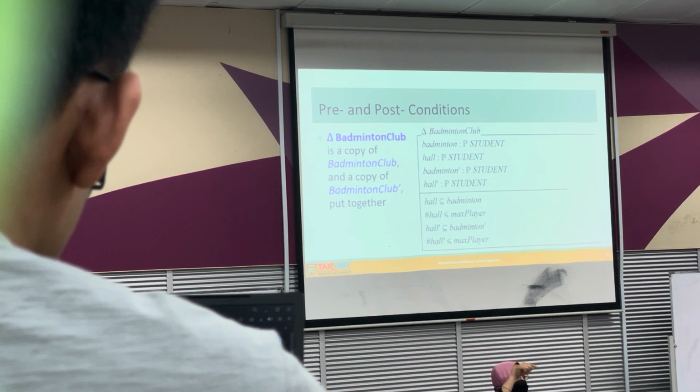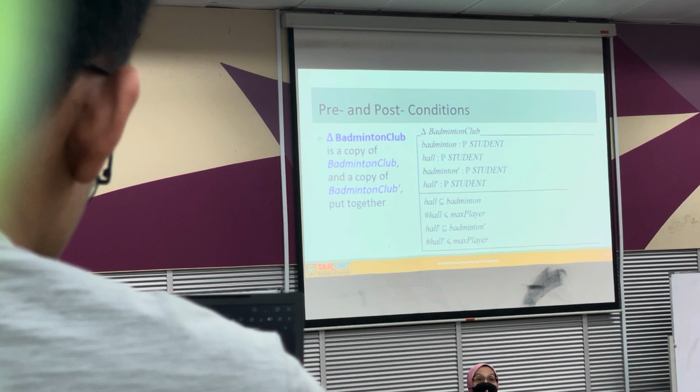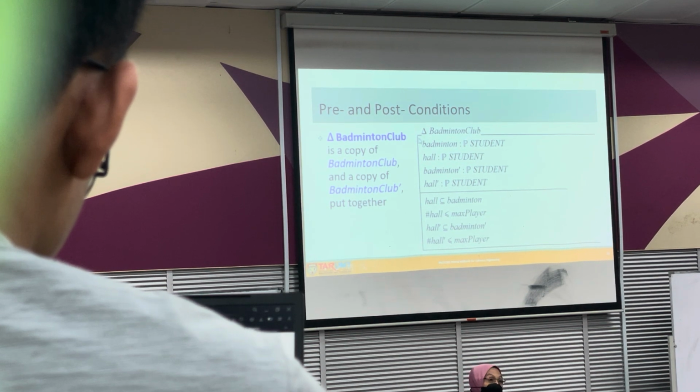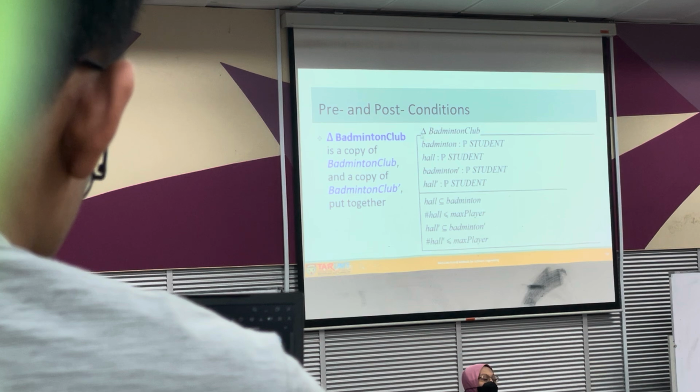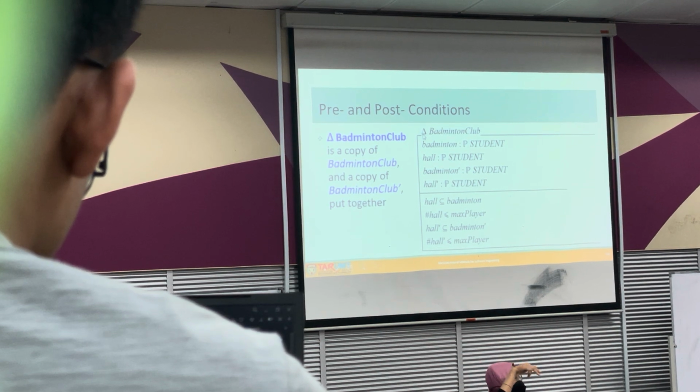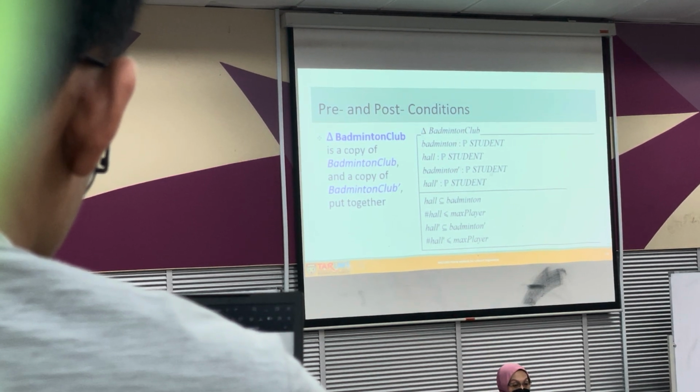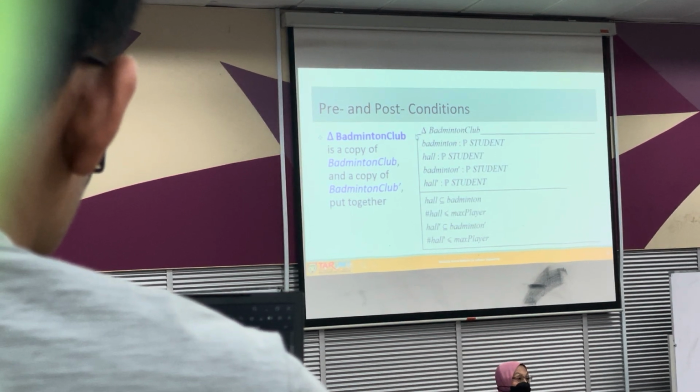Triangle means there is an update. So here I put the triangle first, just to show you that later we may have some updates into our database. If you use the Z, it will be the same thing, just that there will be no update in our database later. That's all. This symbol is to show, because normally we will have a lot of updates, so we will use triangle.